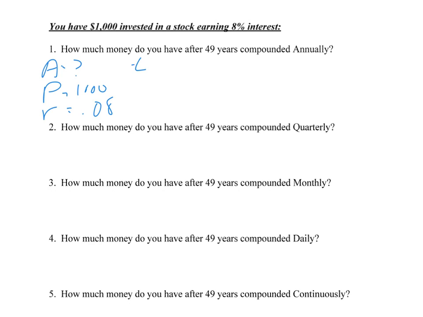Our T is 49, and if I'm compounding it annually, my N is 1. So my equation is going to be A equals 1,000 times, in parentheses, 1 plus 0.08 divided by 1, raised to the NT, which is 1 times 49.